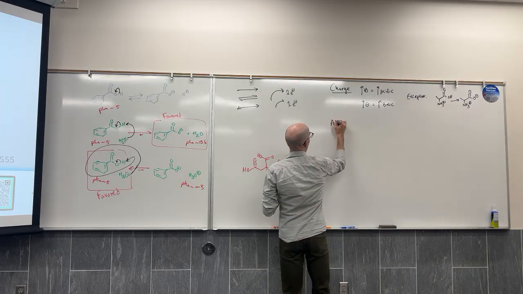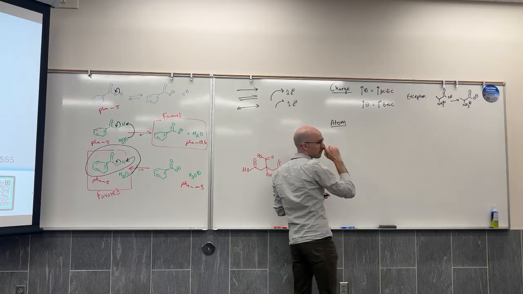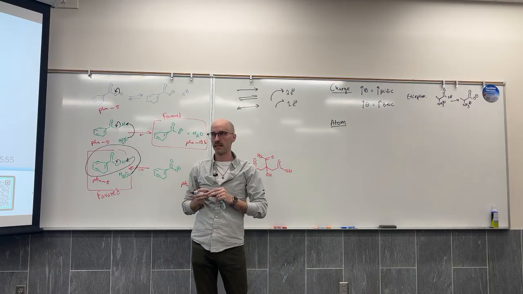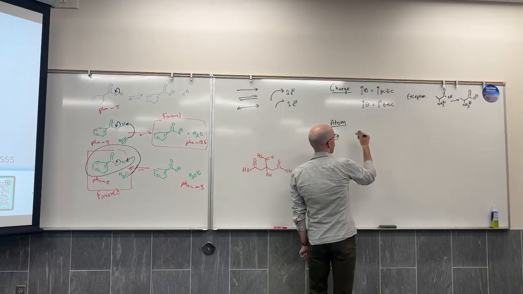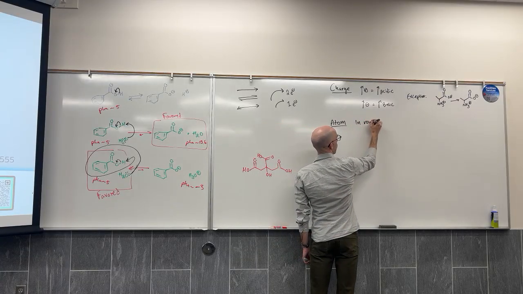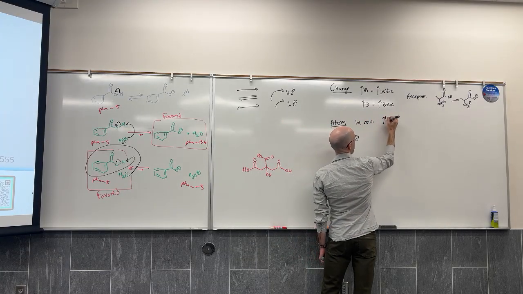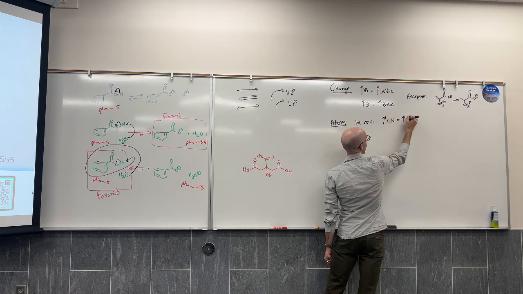Here's our next one, atom. There are two things to consider. If you're comparing two acids that are in the same row, more electronegative is more acidic.